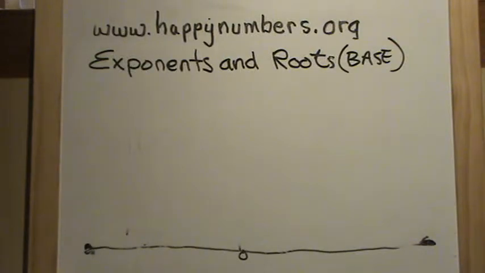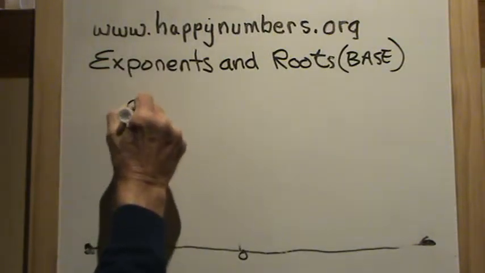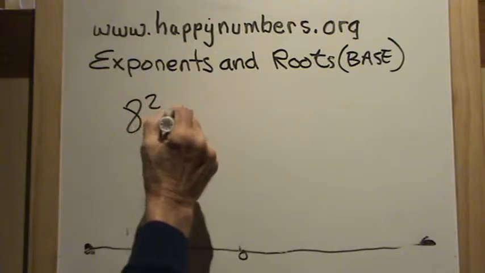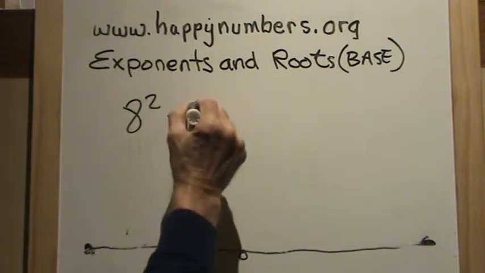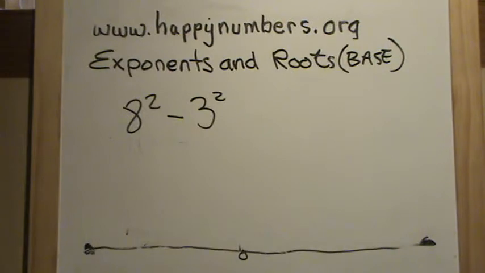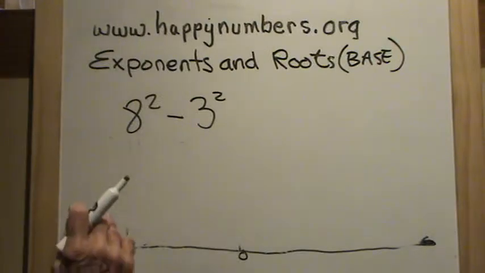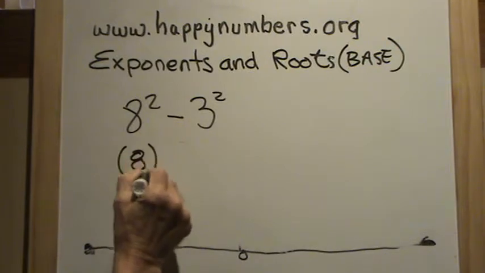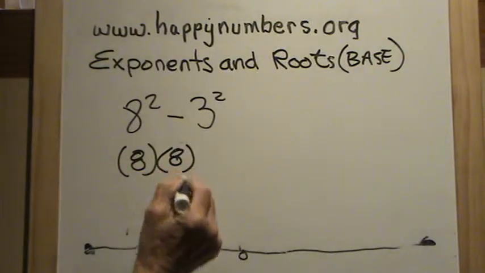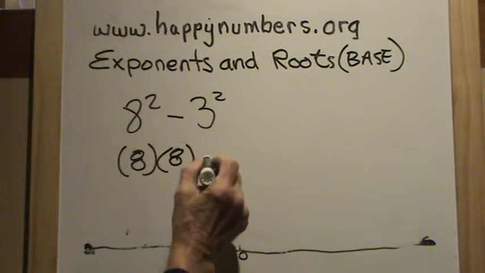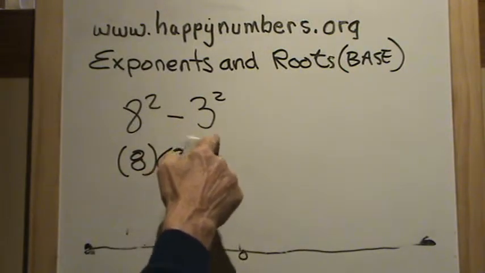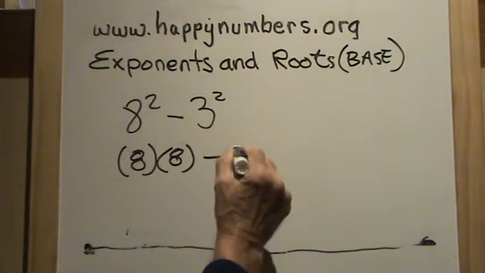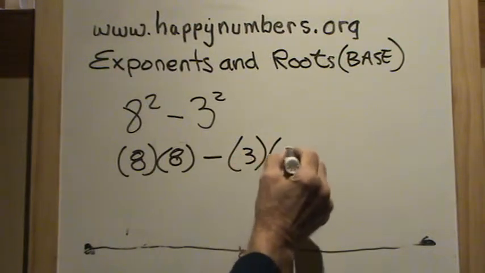So that's fairly simple, straightforward types of problems. Let's take some problems like this. 8 to the second power minus 3 to the second power. Well, in this kind of a problem, what we want to do is expand the problem, write it out. So we know 8 to the second power is 8 times 8. And so it's that expression minus 3 to the second power, or 3 squared, would be 3 times 3.